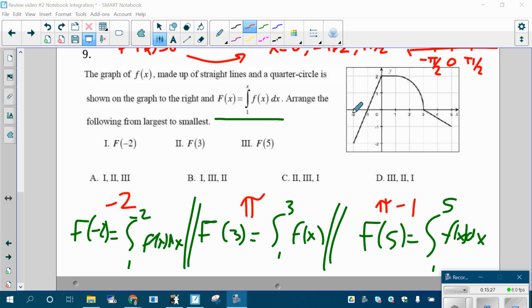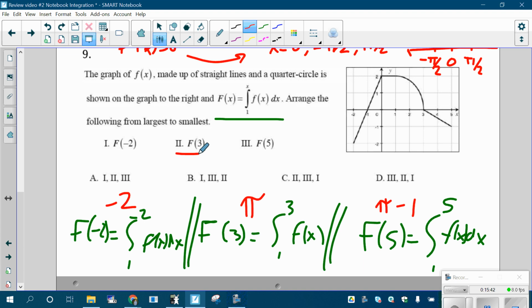Well, the area under the curve from -2 to 1, that cancels with that. It's +2, but I have to do the opposite of that because I had to flip the bounds, and so it's -2. So from largest to smallest, it'd be 2, 3, 1.